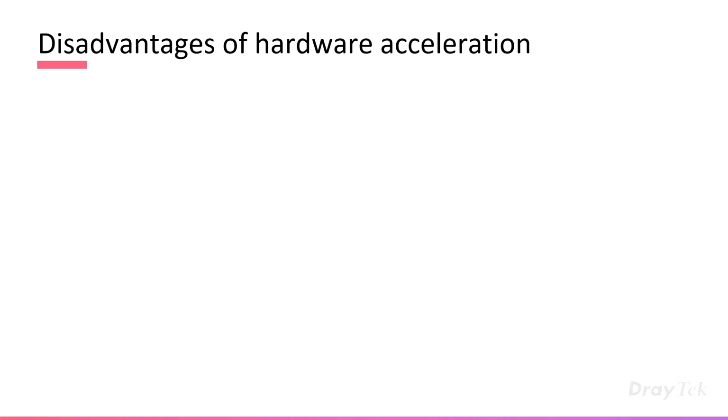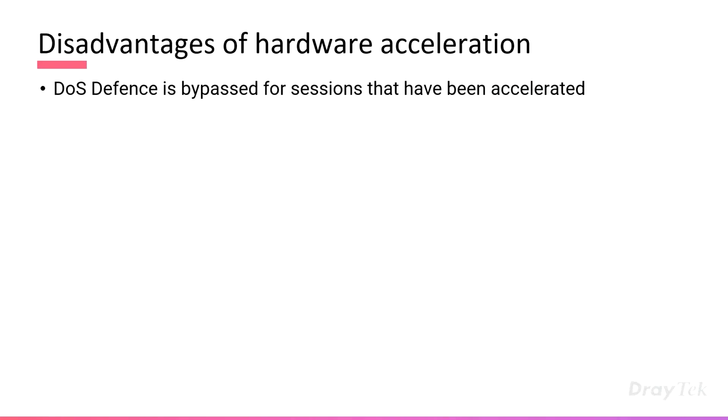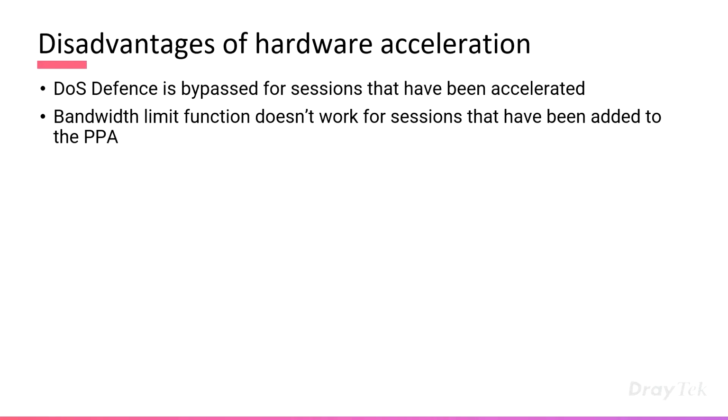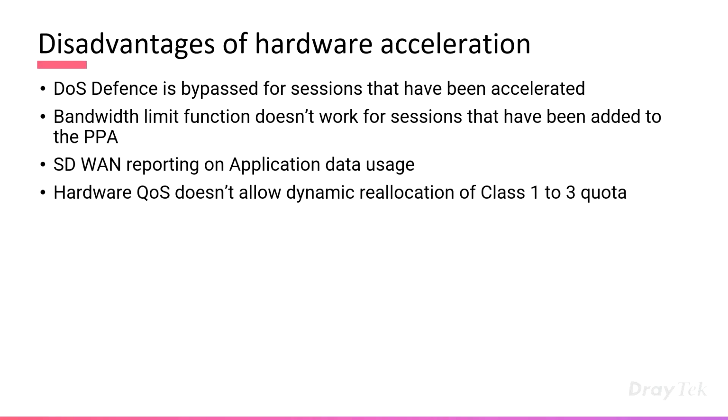Just to reiterate some disadvantages of hardware acceleration use: the DoS defense is bypassed for sessions that have been accelerated. Bandwidth limit function doesn't work for sessions that have been added to the PPPA table. SD-WAN reporting on application data usage is going to be affected as well.